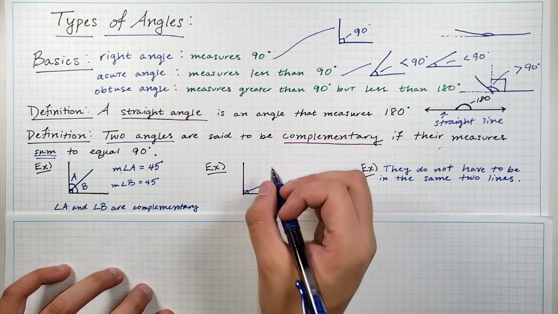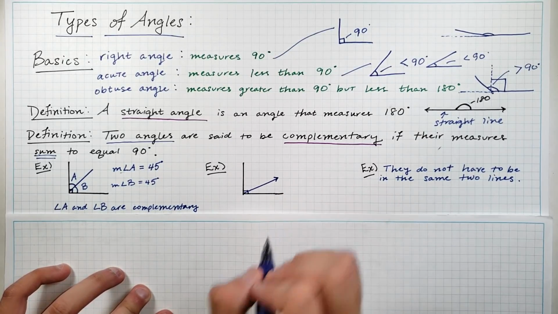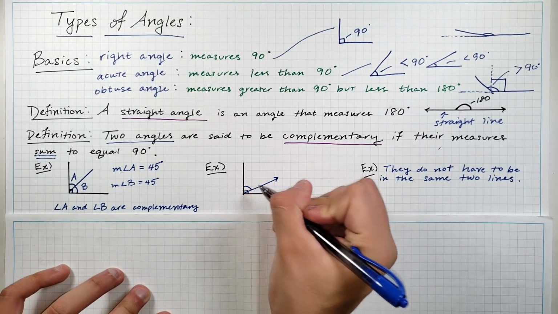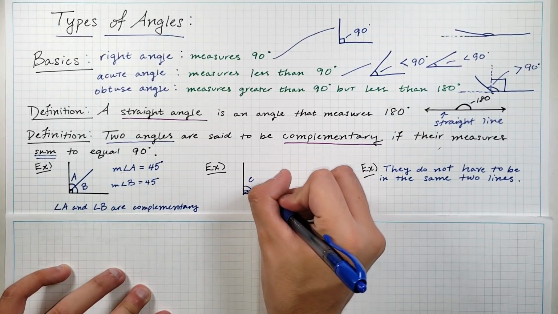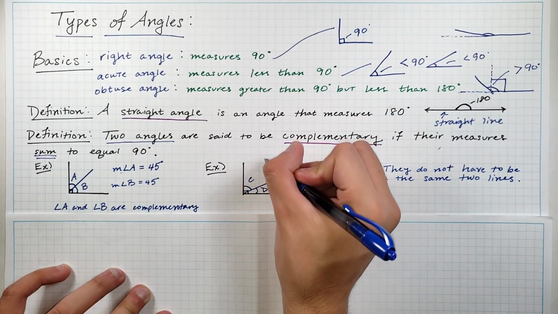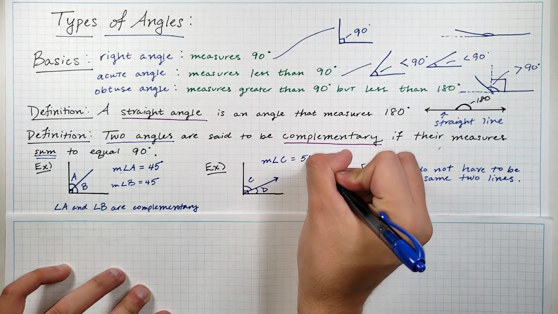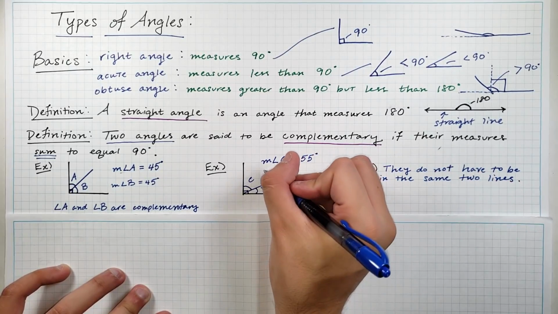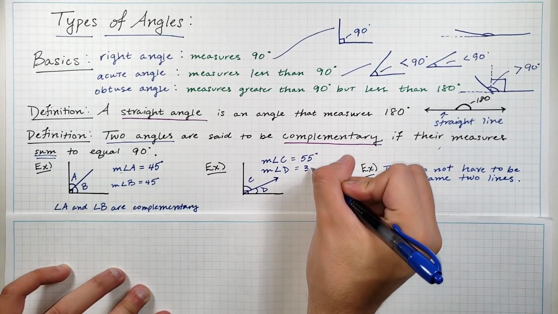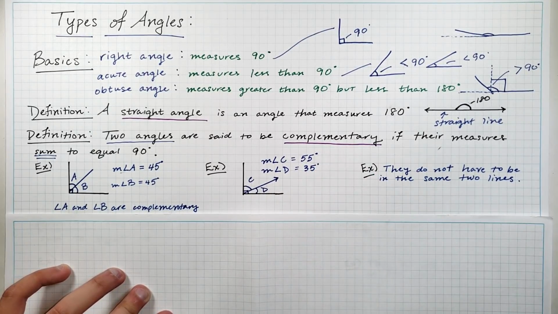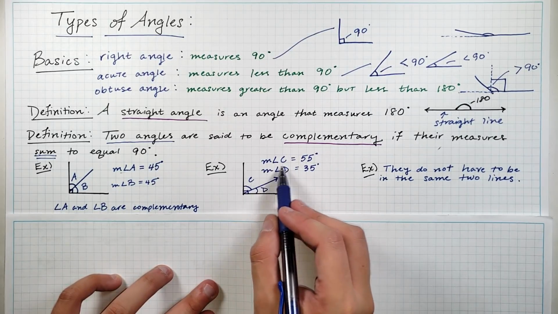Let's say this angle here is angle C, and this angle here is angle D. The measure of angle C is equal to 55 degrees, and the measure of angle D is 35 degrees.